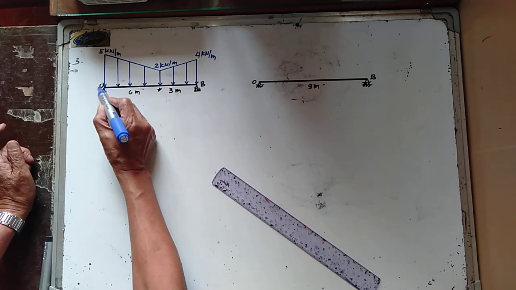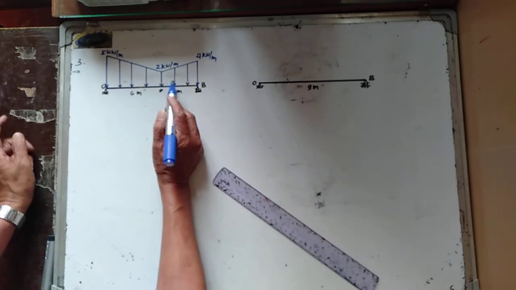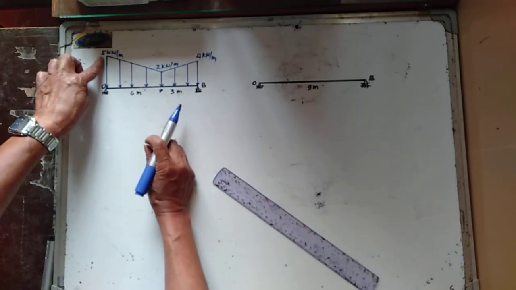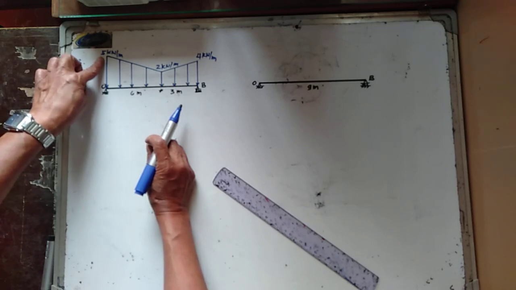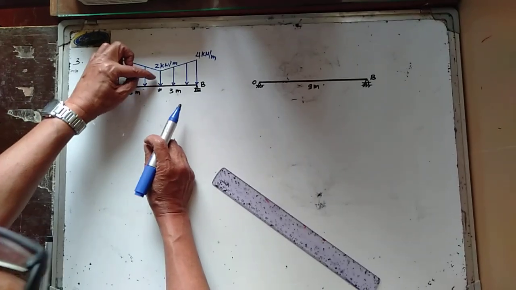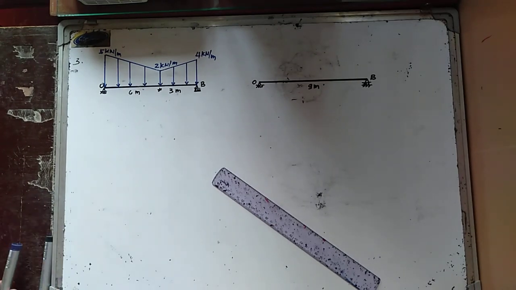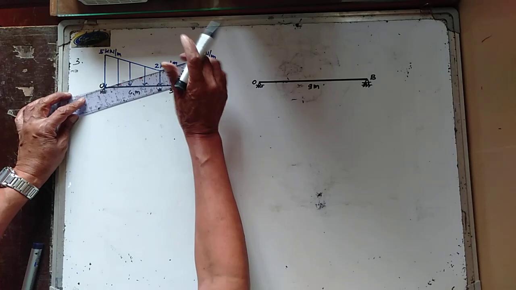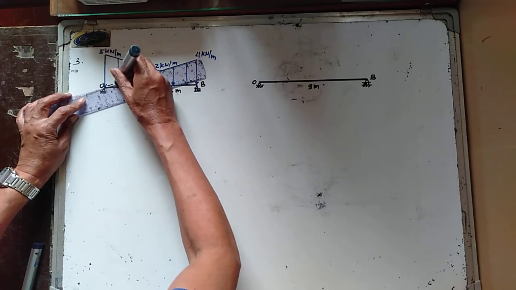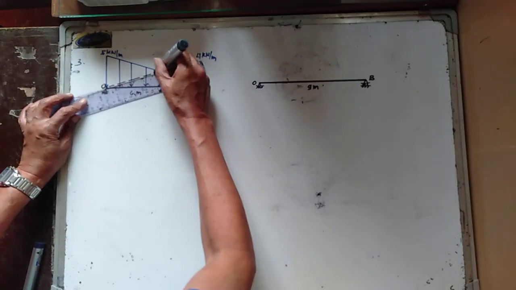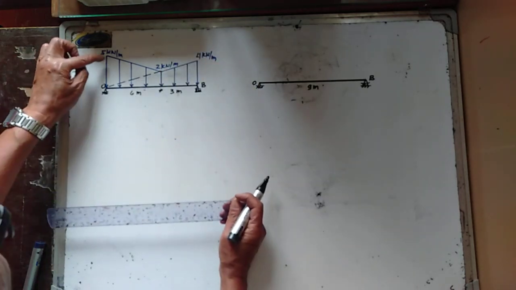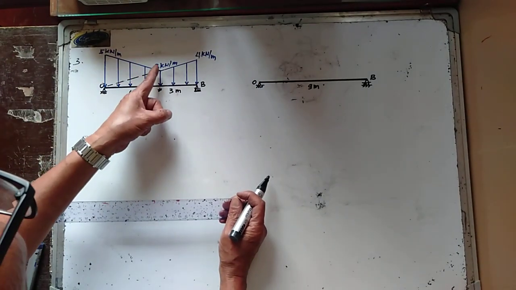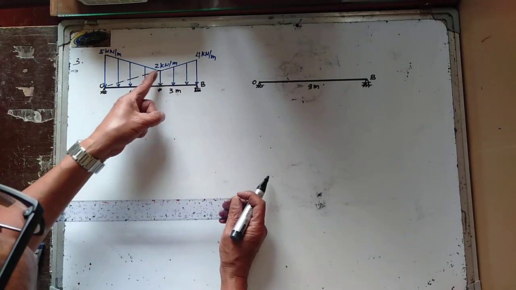So we have one in here that is a trapezoidal loading, from an intensity 5 kilonewton per meter to an intensity 2 kilonewton per meter. So I'm going to divide this one into 2 triangles. Okay, so we have this triangle and the other one is this triangle.